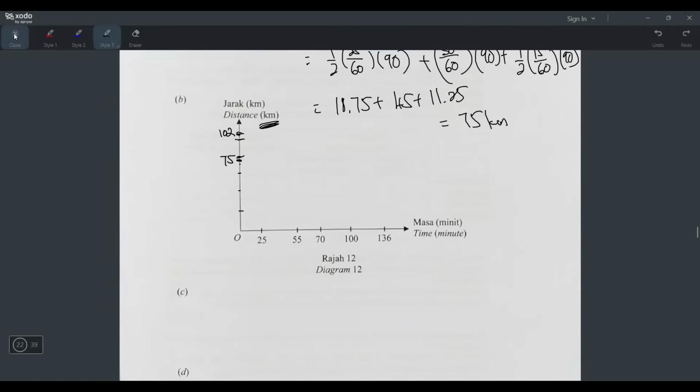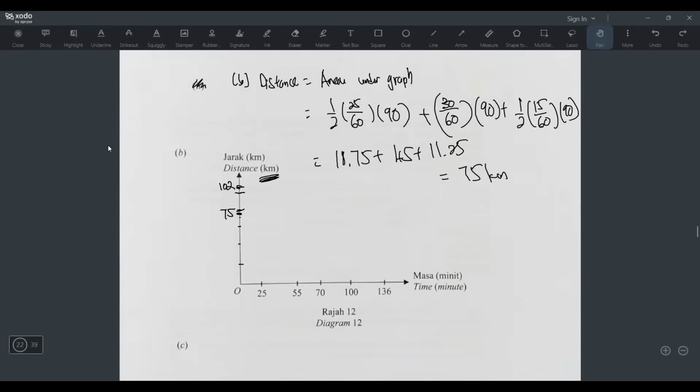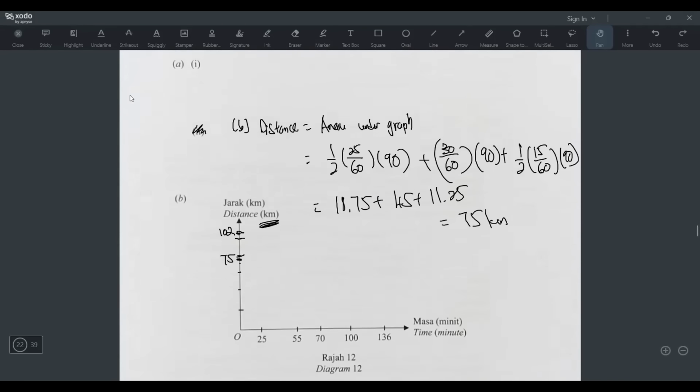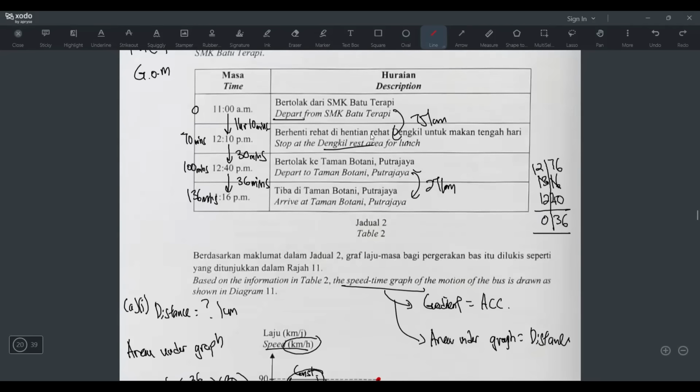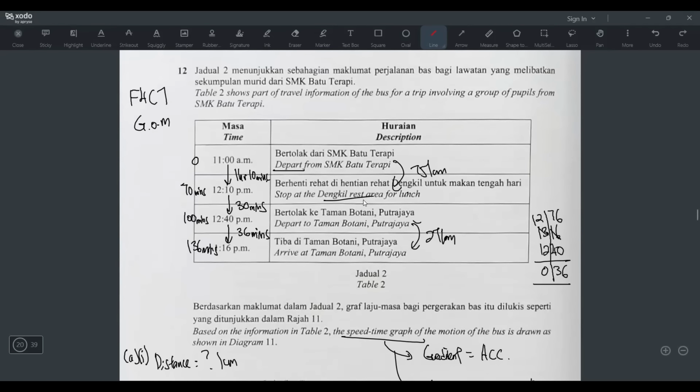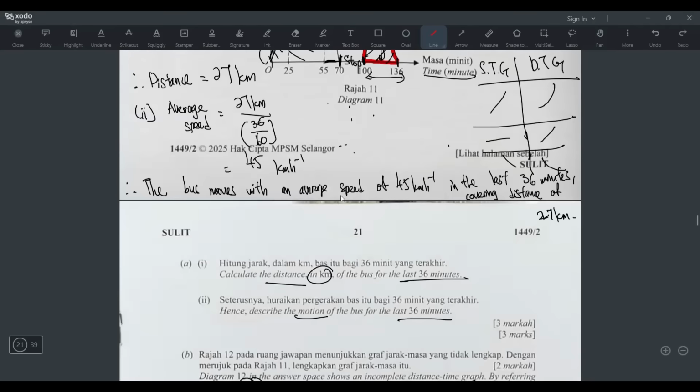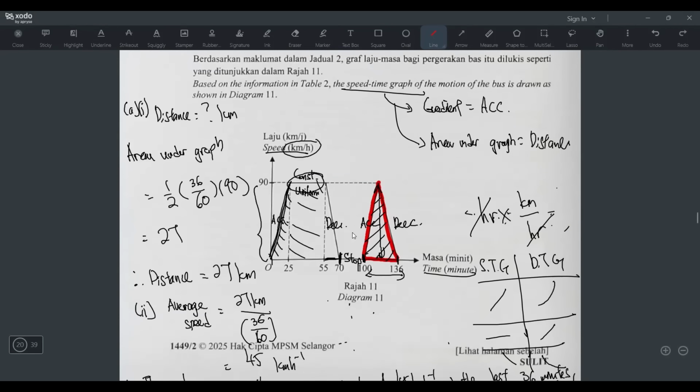Okay, so now it's time to draw the graph. So the first line, it should be moving from the, I forget, from the school to the where, right? I forgot what the name is. Okay, let's see one more time. So it's moving from SMK Batu Prapi to the Dengke rest area, and for 70 minutes it moved, right? Okay, so I think we don't refer to the speed-time graph when we draw.